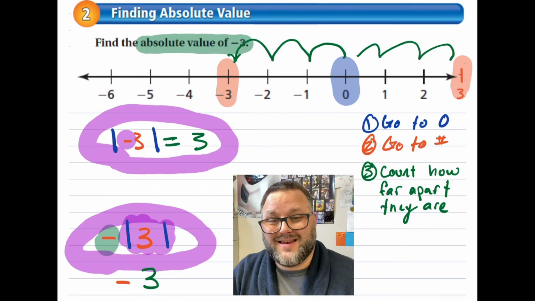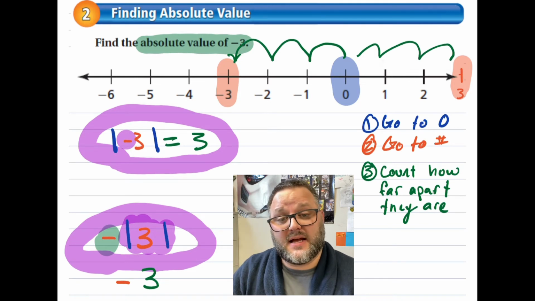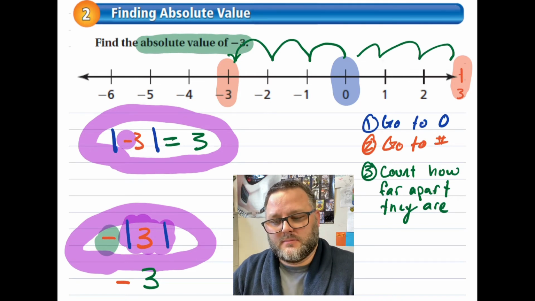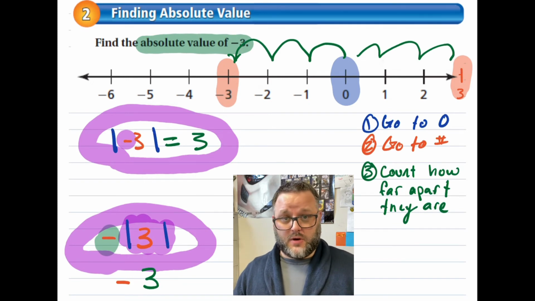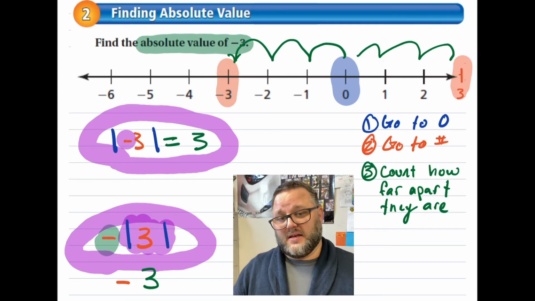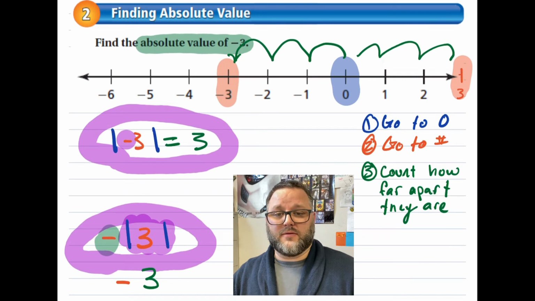So where the negative is matters. If it's inside the absolute value, it's telling us to start at 0 and go left or right on the number line. If the negative is outside, it's telling us to find the opposite of whatever is inside the absolute value symbol.